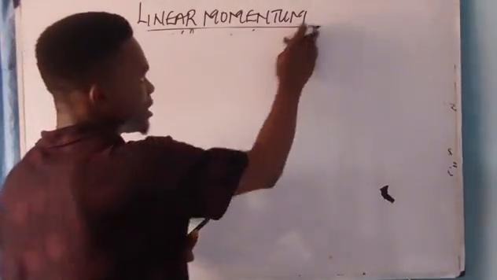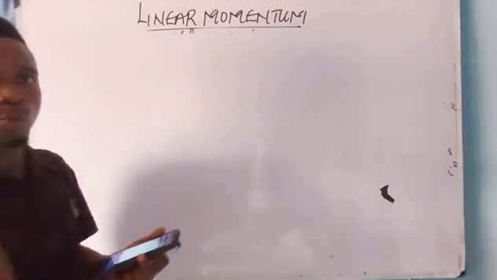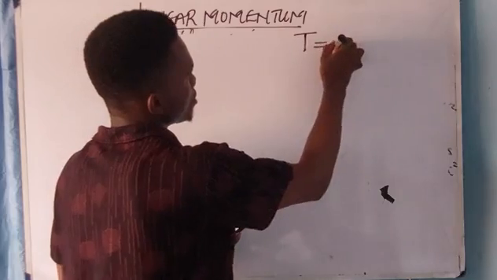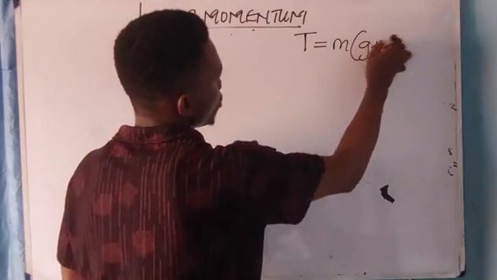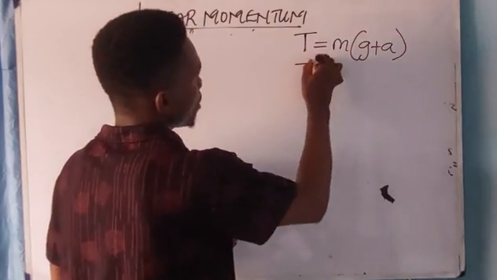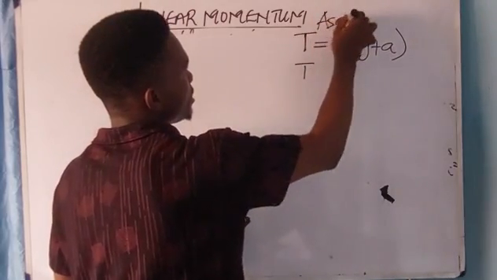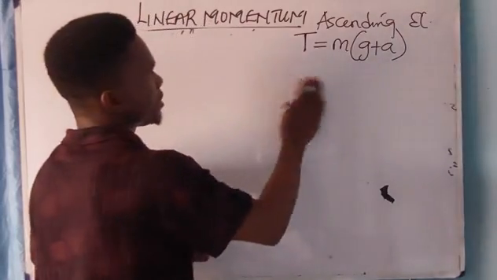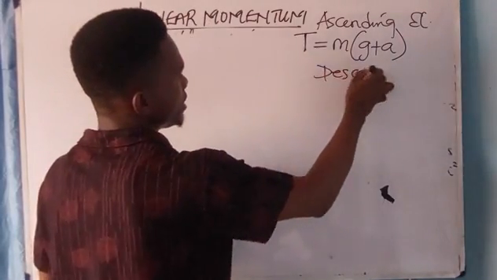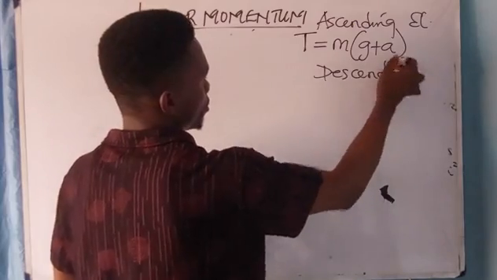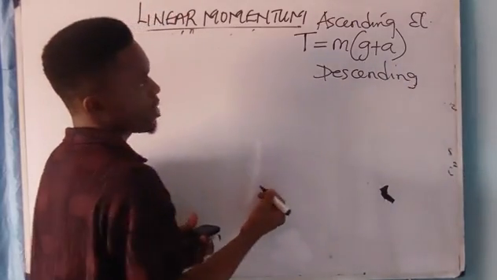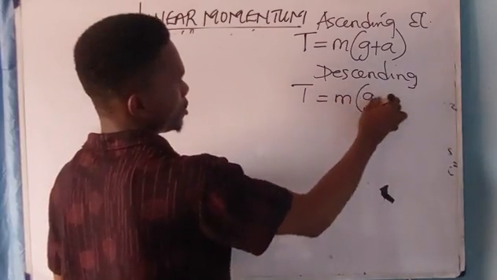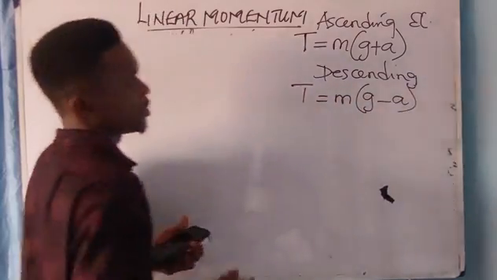Now, an ascending elevator: when an elevator is going upwards, tension is always T equals m open bracket g plus a. This is the ascending elevator. But for a descending elevator, tension equals m open bracket g minus a.